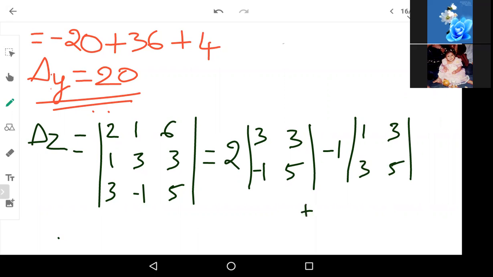And then plus 6 into 1, 3, 3 and minus 1. Did you all get the same thing? Now go on. Simplify this.